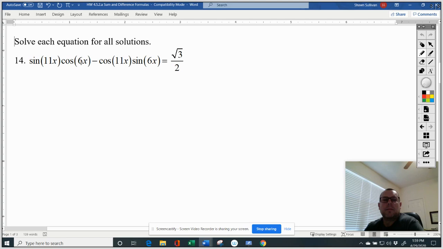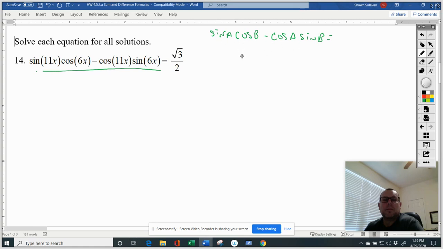This is the same thing on this side as sine A cosine B minus cosine A sine B. And so we need to figure out what formula this is.